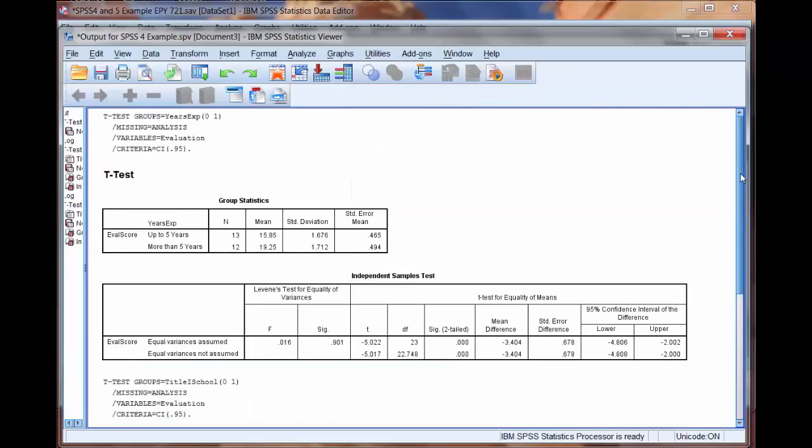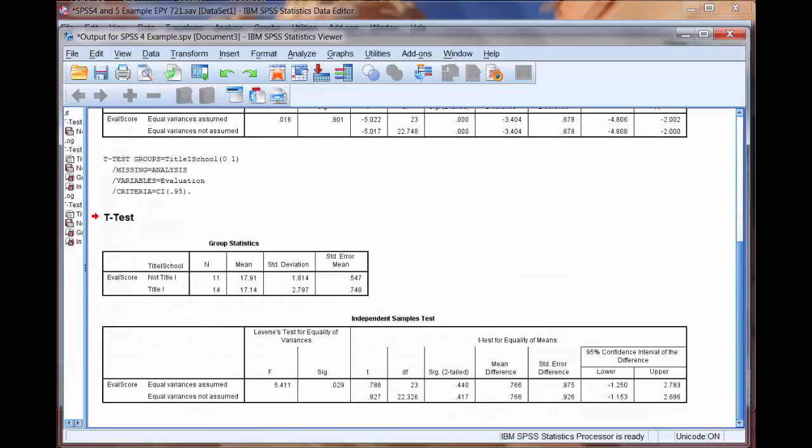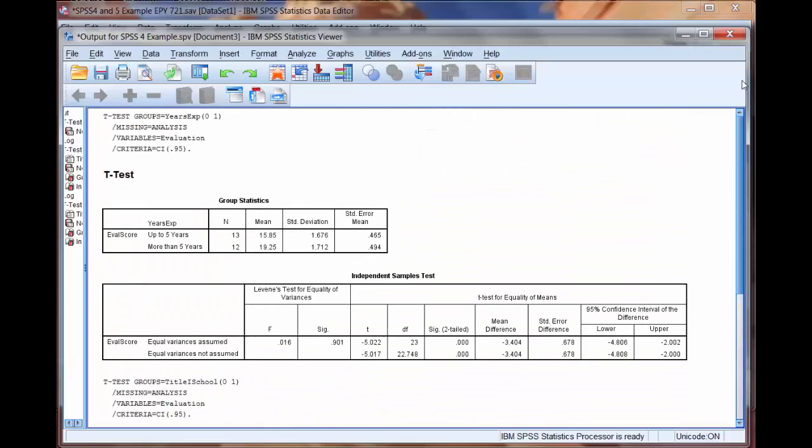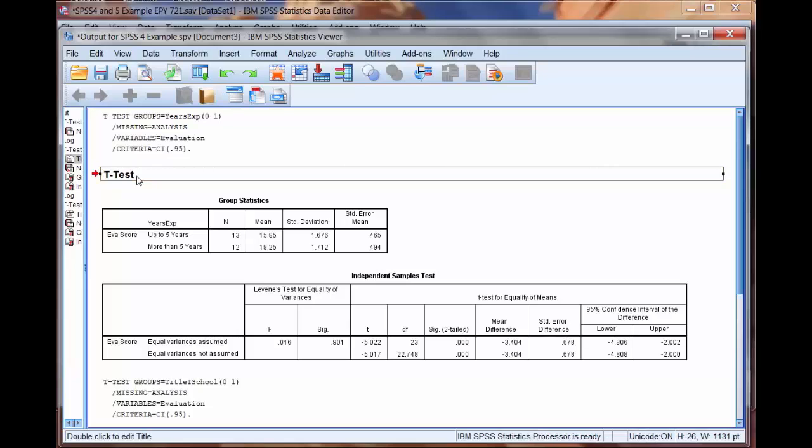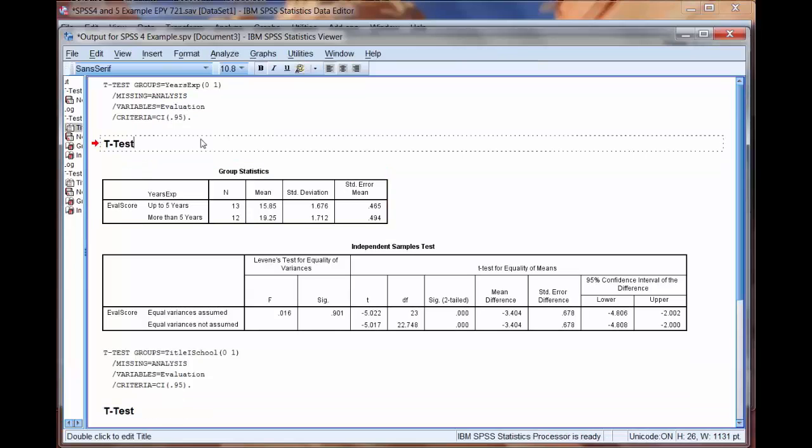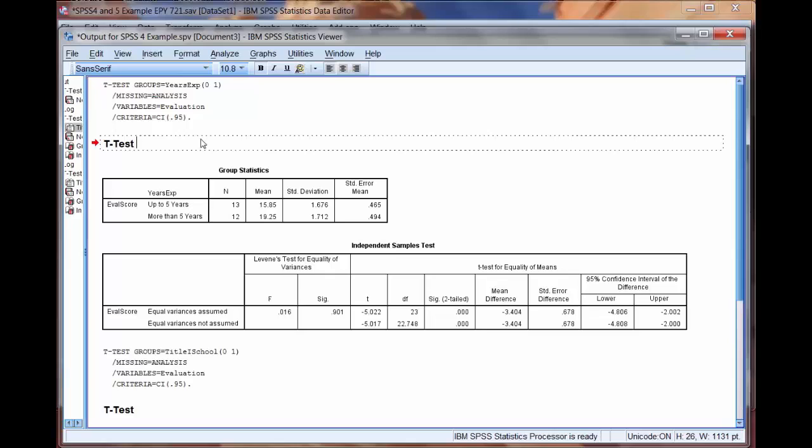Now, if you've kept your output open, you'll see your t-test for the first one that we did, and then your t-test for the second one. I like to relabel these. So this one here is the t-test for eval score by years of experience.